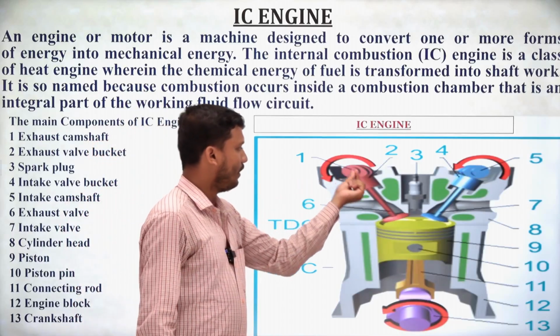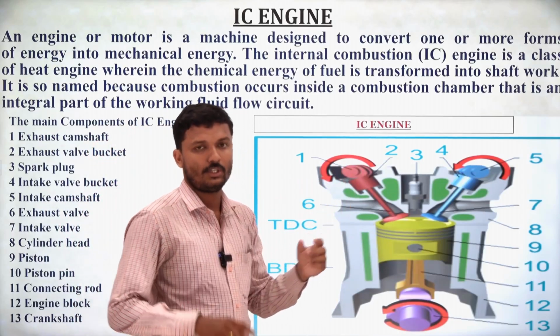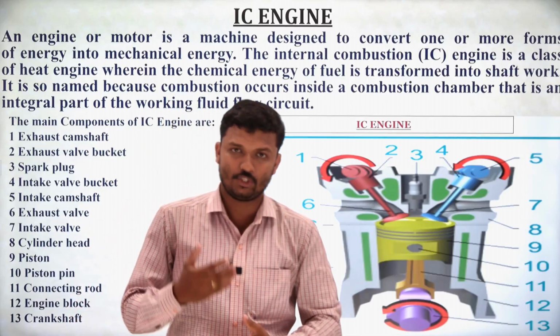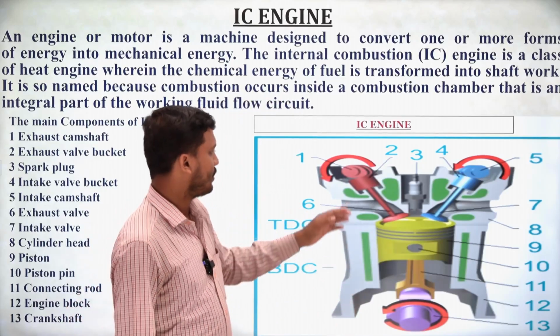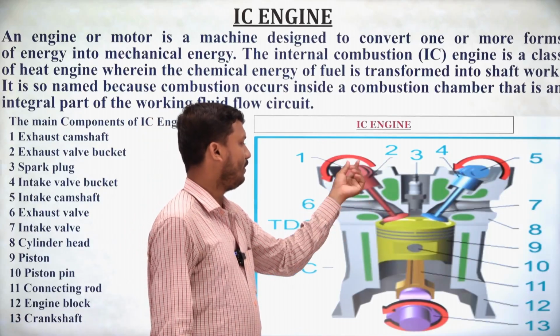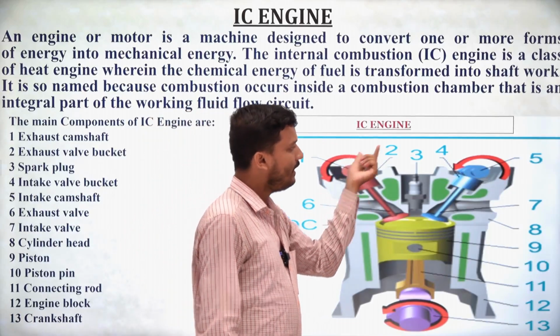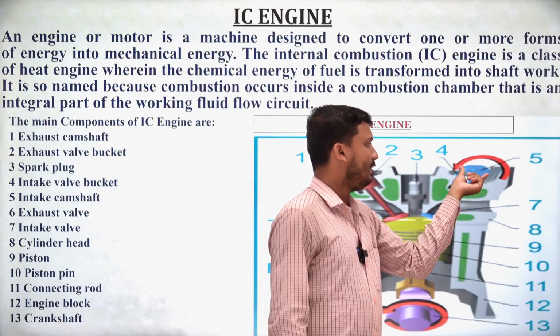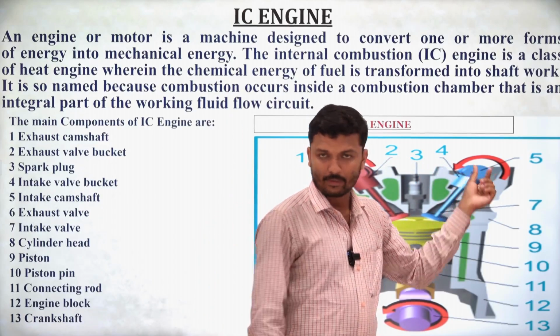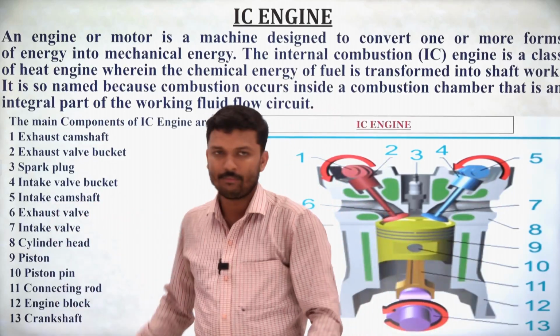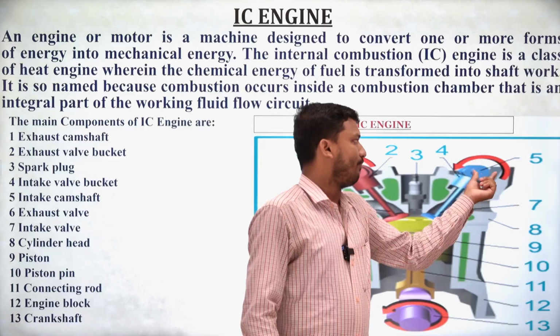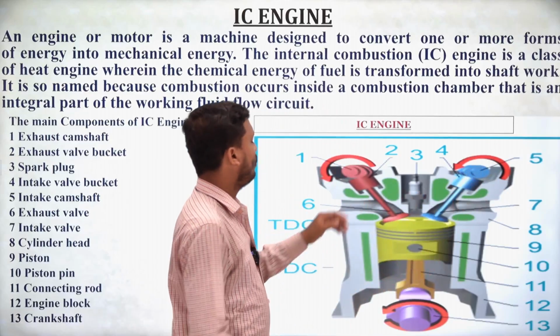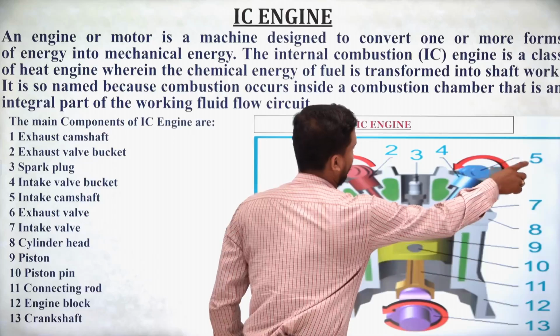This red color is the exhaust part, where the engine smoke, the output of the engine after combustion, goes out. Similarly, on the intake side, there is the intake camshaft, which is number 5. Look at the same type of rotation over there, in 5 and 1.